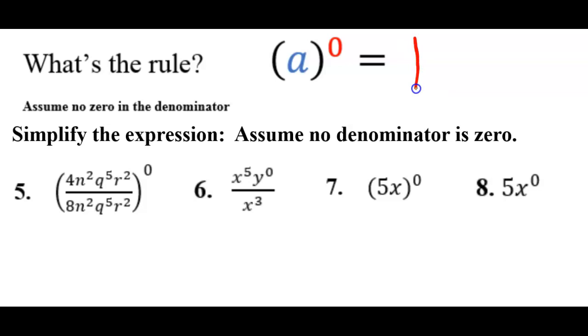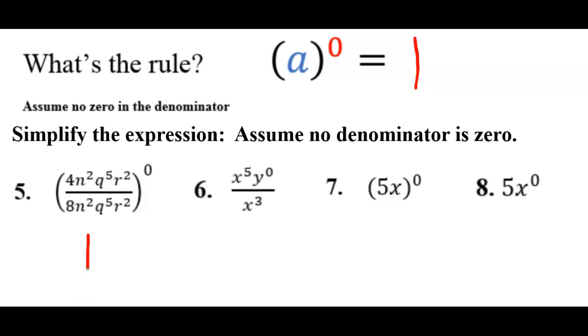Okay? So if I look at this, I've got all of these exponents going on, but they're all raised to the 0 power. So this, I don't need to do anything with, because everything that's inside there is equal to 1. Because anytime I have anything in a parentheses and it's raised to a 0 power, or any type of base raised to a 0 power, my answer is 1.